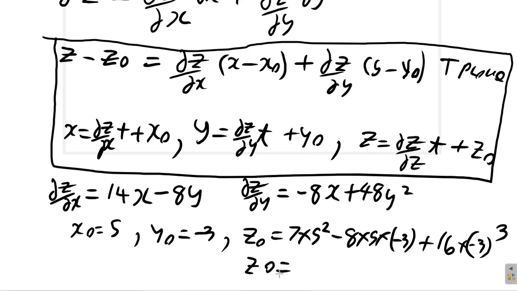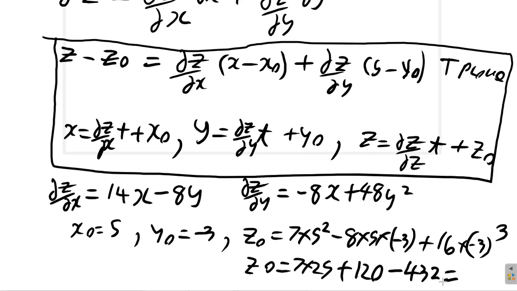So z naught: 7 times 25, plus 8 times 5 is 40, 40 times 3 is 120. Negative 3 cubed: 3 times 3 is 9, 9 times 3 is 27, negative 27. So it's 16 times negative 27, which is 432.